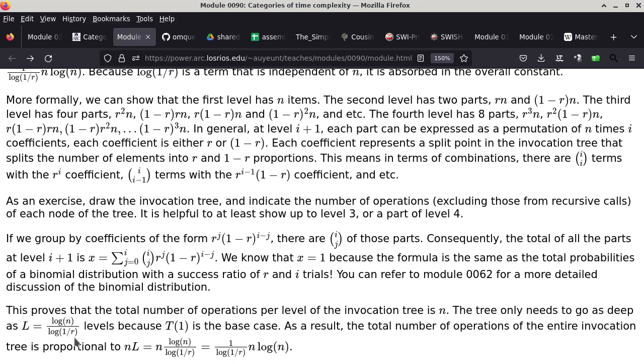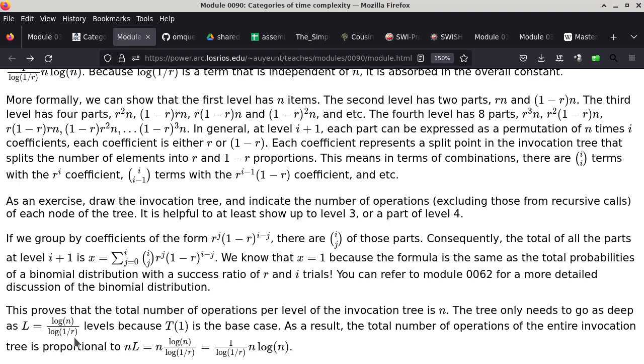Well, if r is 0.75, you would still end up with a number that is greater than 1 when you divide 1 by 0.75. That turns out to be what? 1.3333 and so on, right? So you still have a number that is greater than 1. So that means the log of that thing is also greater than 1.